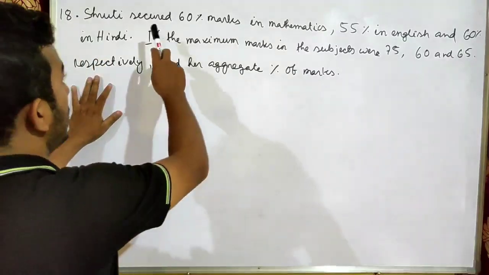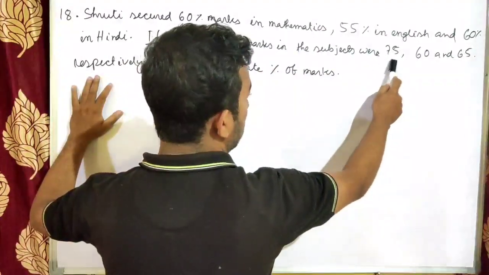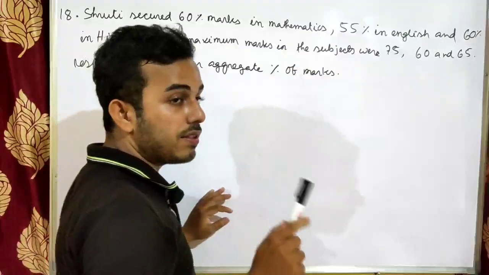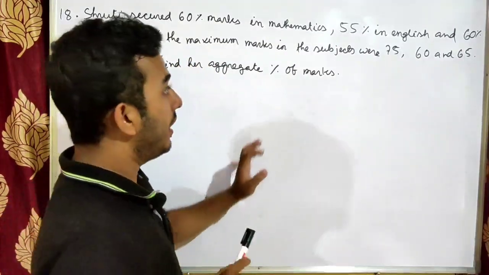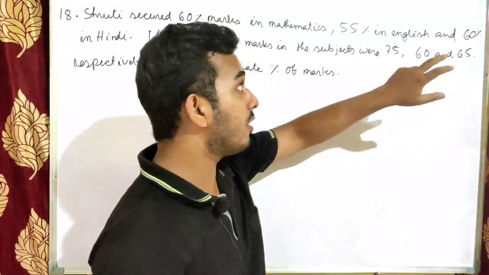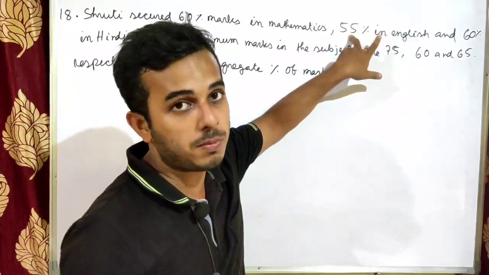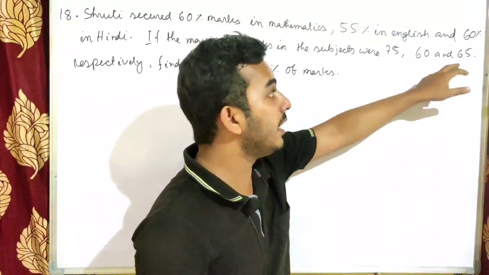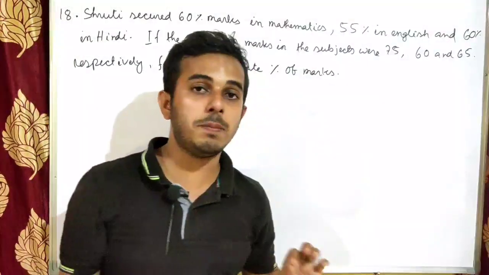That is, out of 75 marks she secured 60%. For English total marks is 60, out of 60 she secured 55%. In Hindi total marks was 65 and she secured 60%.